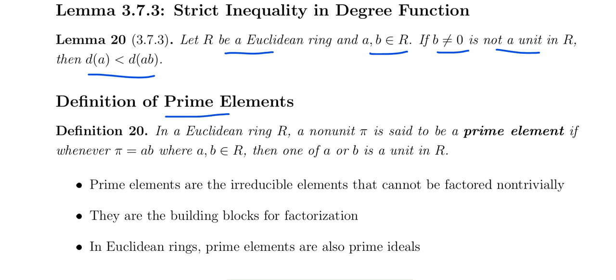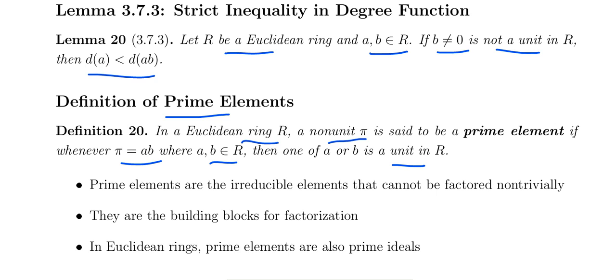And the definition for prime elements. In a Euclidean ring, a non-unit element pi is said to be a prime element whenever pi equal to AB, A, B belonging to R, then one of A and B is a unit in R. Then that is called a prime element.